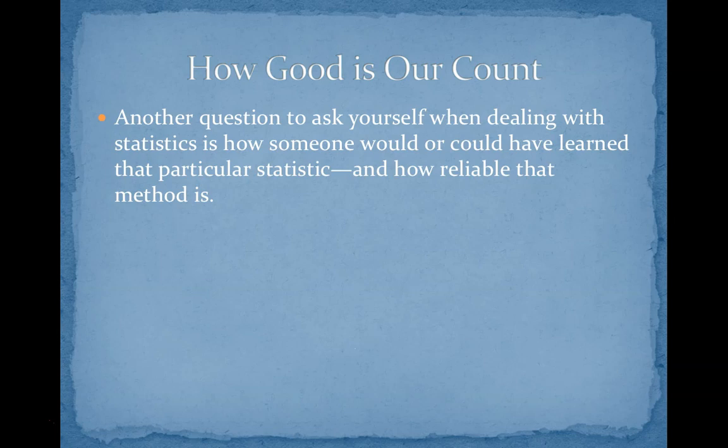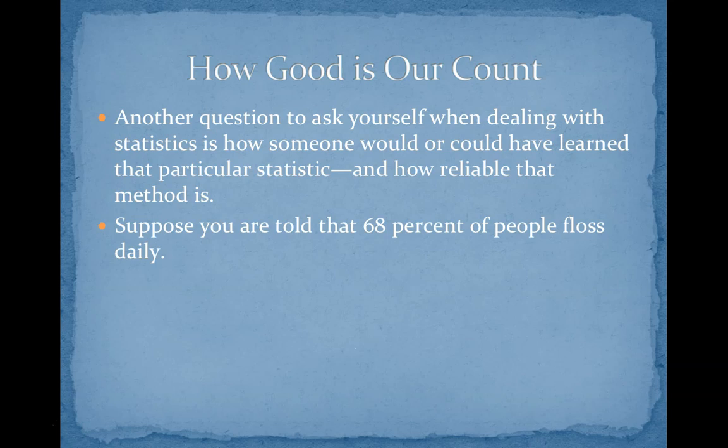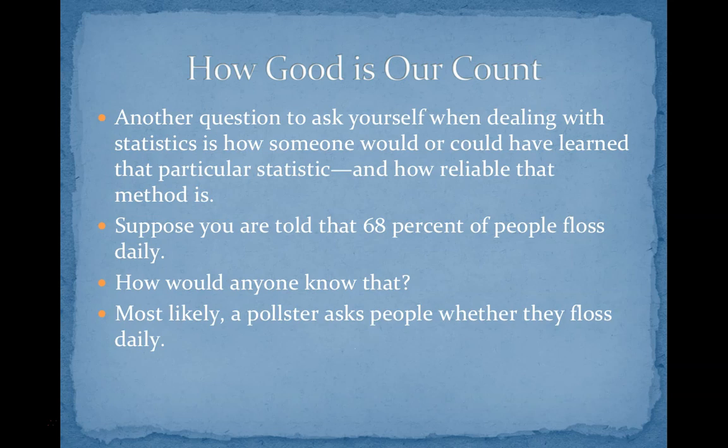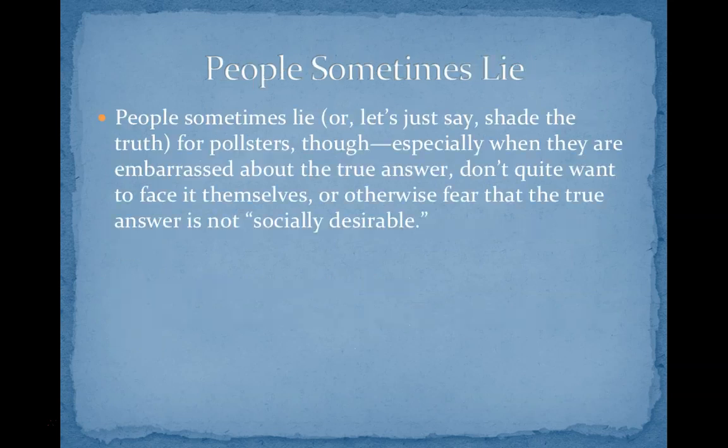Another question to ask yourself when dealing with statistics is how someone would or could have learned that particular statistic and how reliable that method is. Suppose you're told that 68% of people floss daily. How would anyone know that? Most likely, a pollster asks people whether they floss daily.